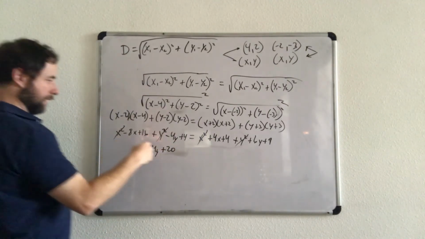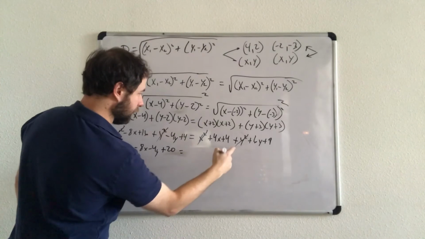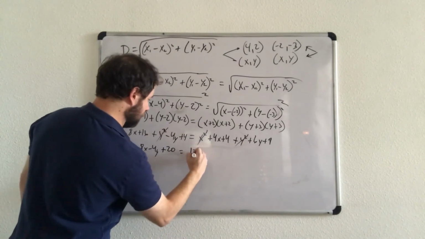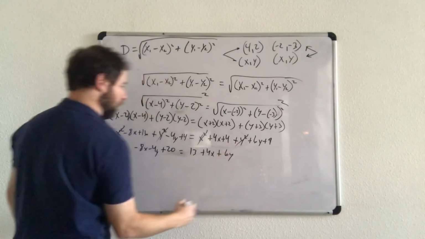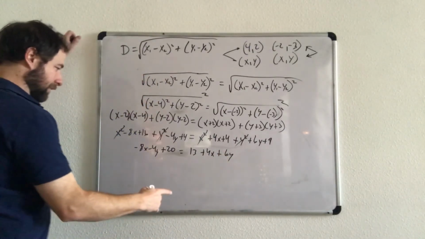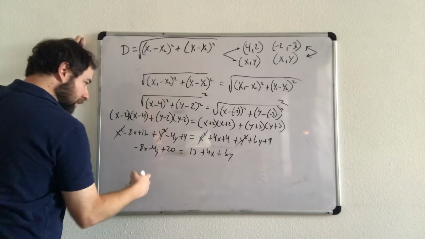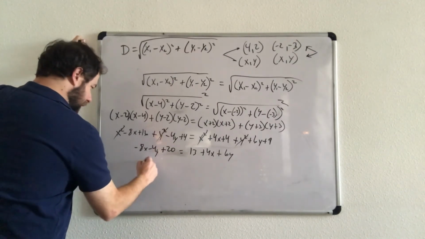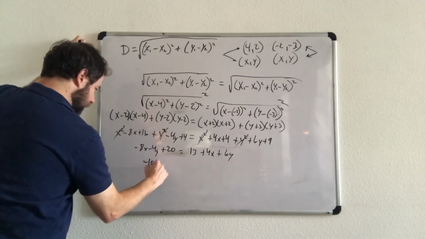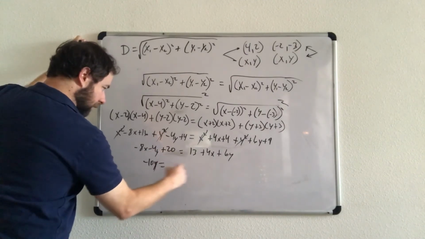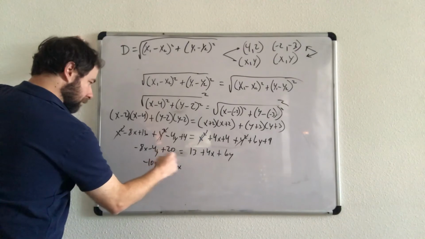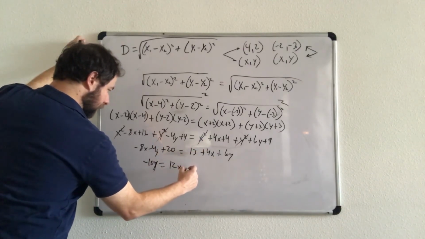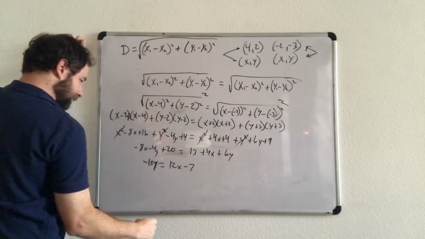So all that is done equals, we get 13 plus 4x plus 6y. Bring all your y's to one side. Bring the y's over here. You get negative 10y. Bring the x over here. You get 12x. Minus 20, you get negative 7.